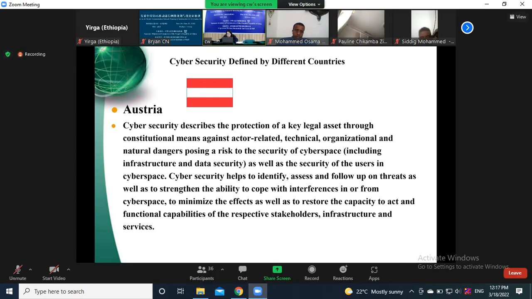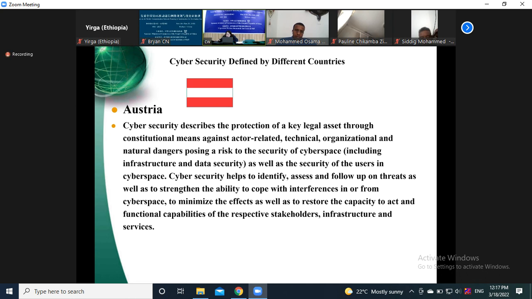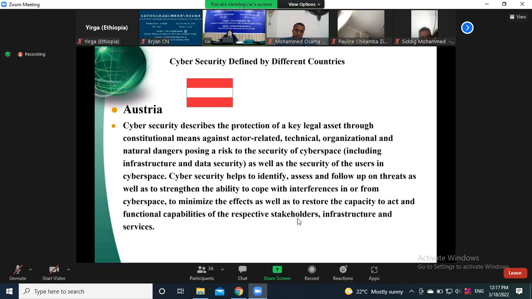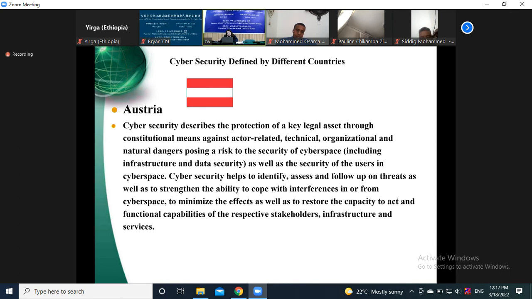In your countries, you have some network security administrations, and different countries also have different administrations and network algorithms.